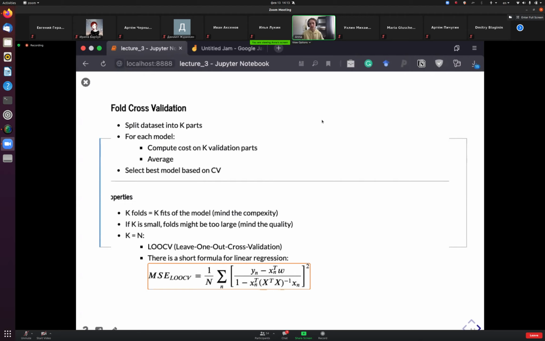I will post the derivation of this formula, and also for ridge regression you can derive a very similar thing. So that's a good thing to remember, that you actually can obtain leave one out cross-validation error for linear regression without training the model n times, which is pretty cool.